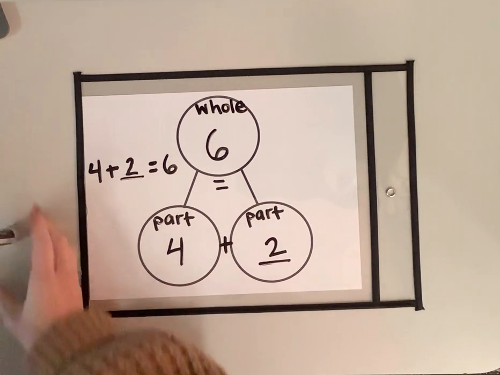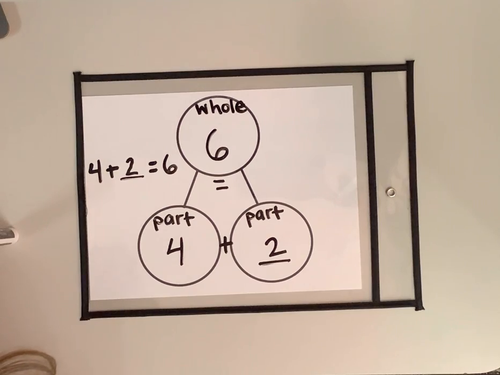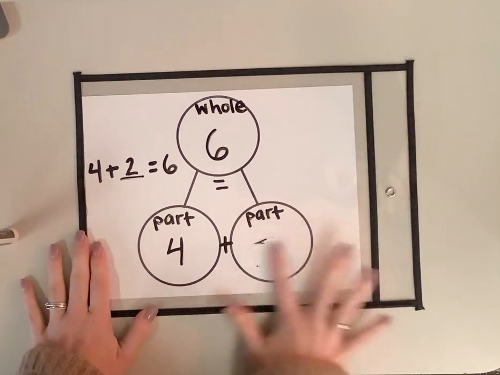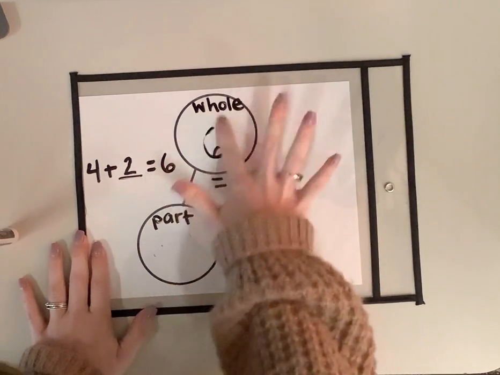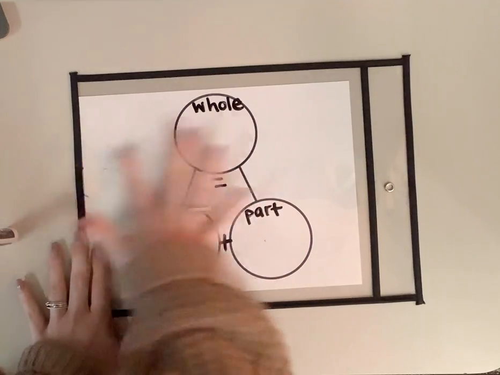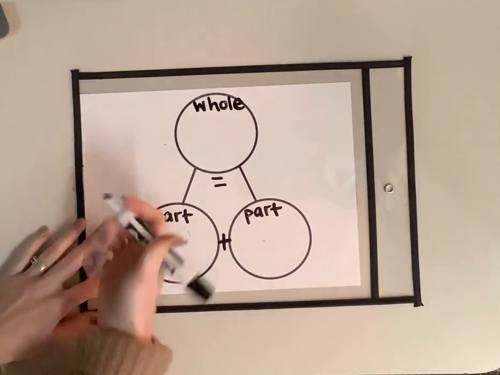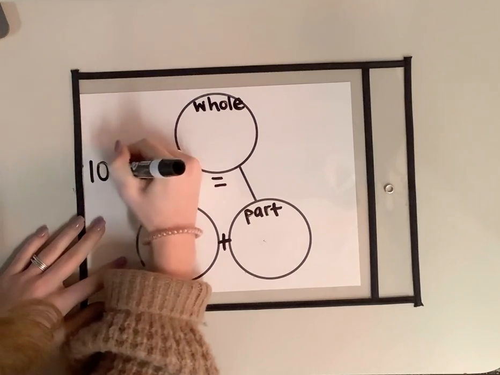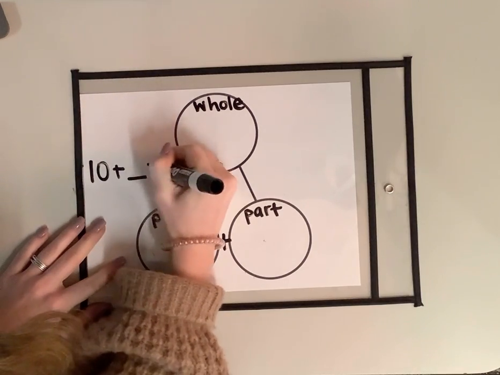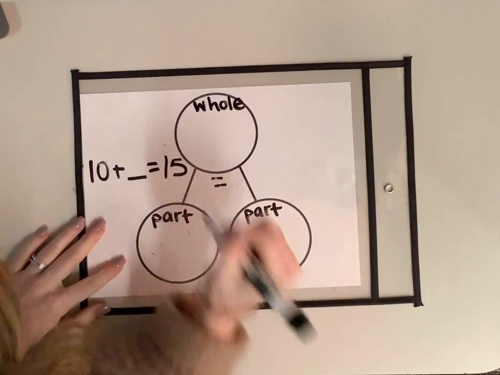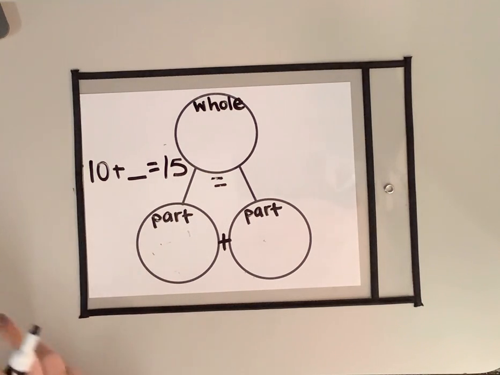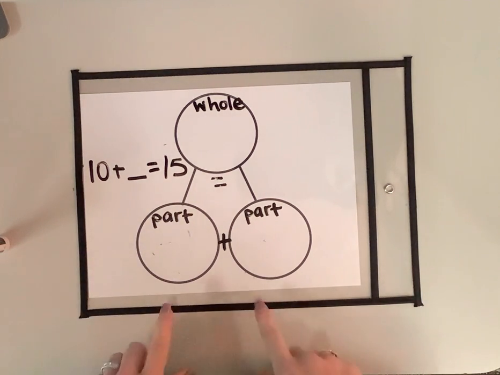Let's try another example, but this time I want you to help me. Are you ready? Okay. Our problem is 10 plus blank equals 15. Let's do our hand motion to remember how to solve this problem using our number bond.